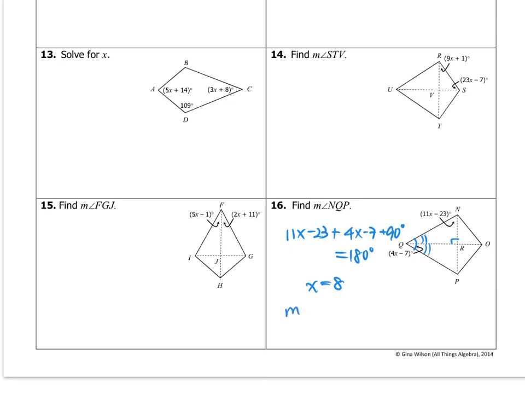Now, in order to find angle NQP, that's 2 times 4x minus 7. That should be 2 times 4 times 8 minus 7, and that will give me 50 degrees.